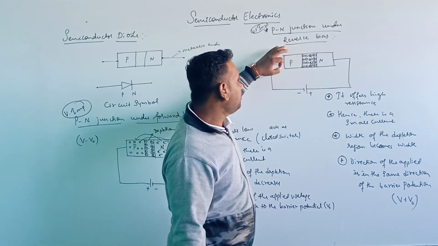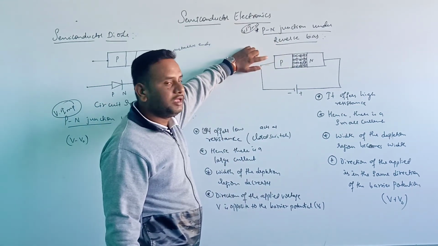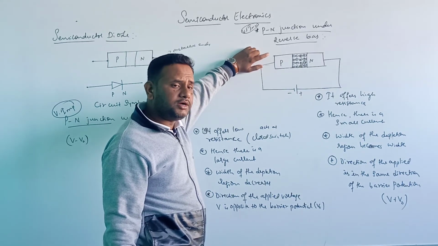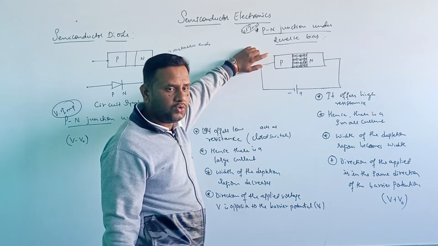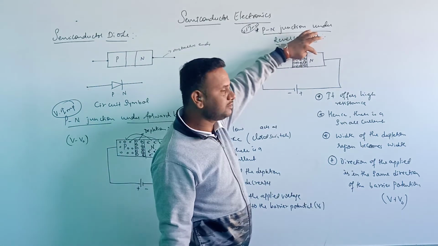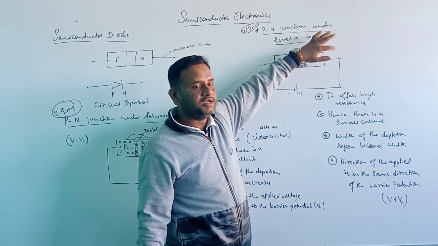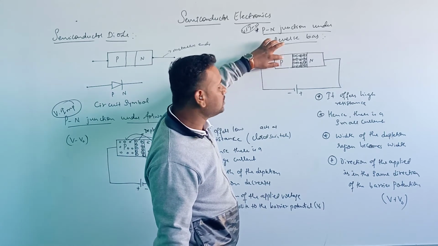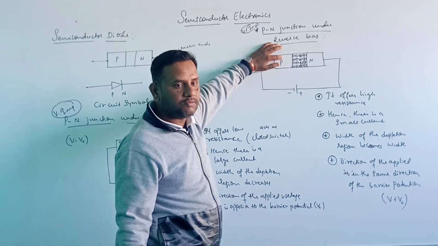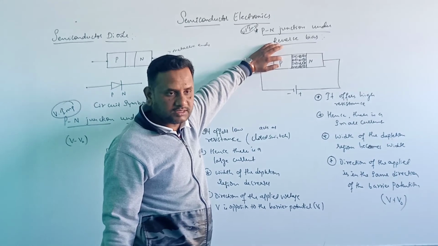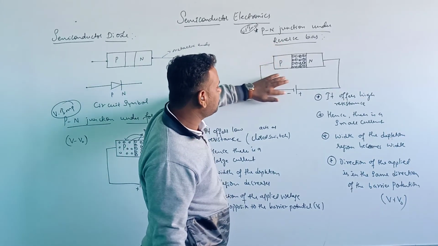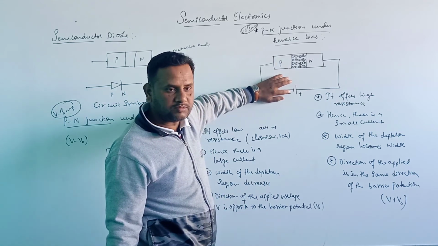Now in this case, in the P region the majority charge carriers are holes, and in the N region the majority charge carriers are electrons. When connected, holes are the positive charge carriers and will get attracted to the negative terminal of the battery.